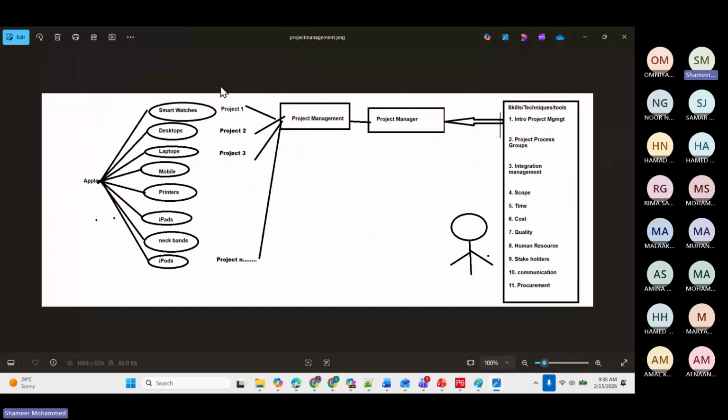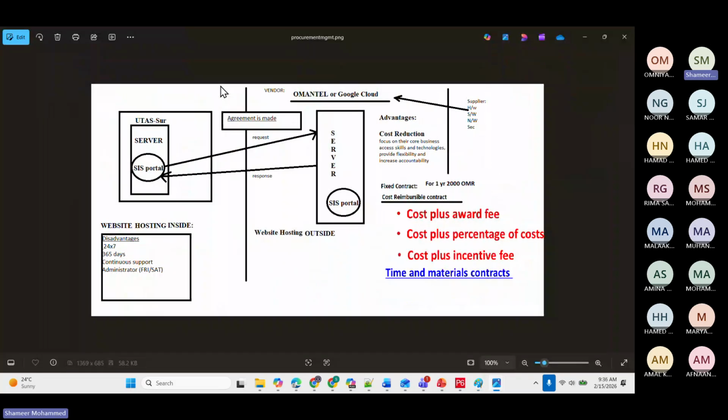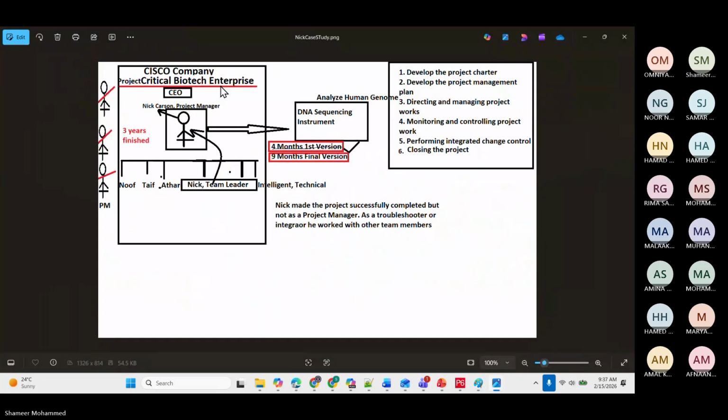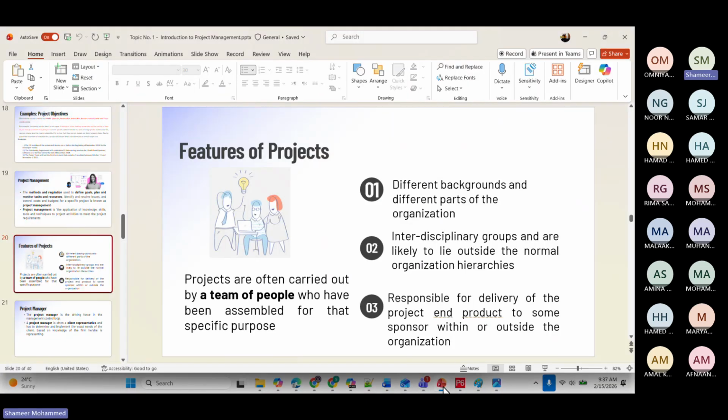Good example. Like this, see. So you have Noof, Taif, Atari, and so on. And here Nick is the manager who will manage this team. So similarly here, the features of the project contain people from different backgrounds.